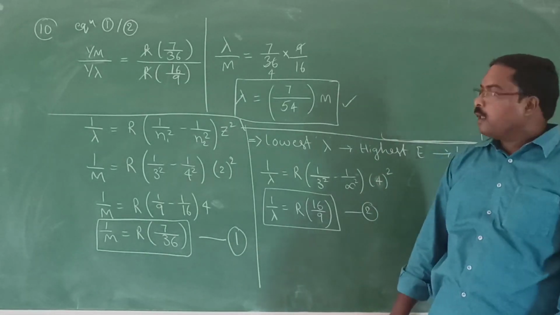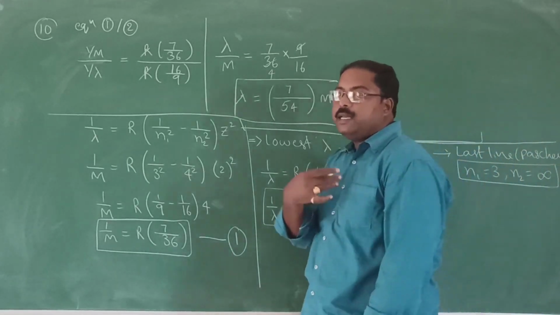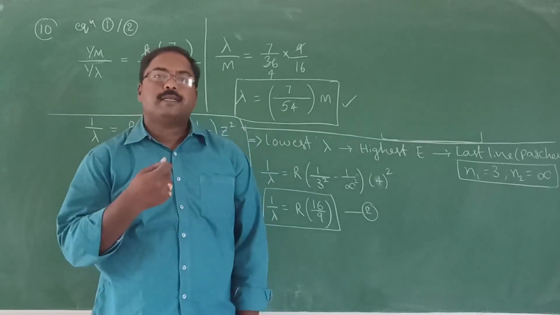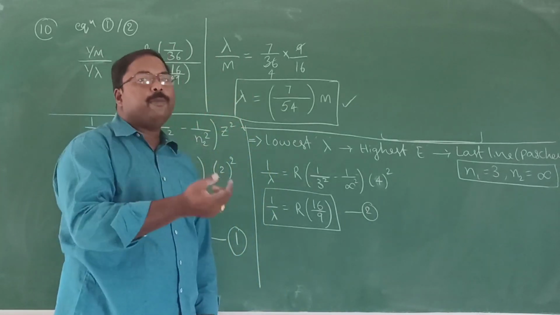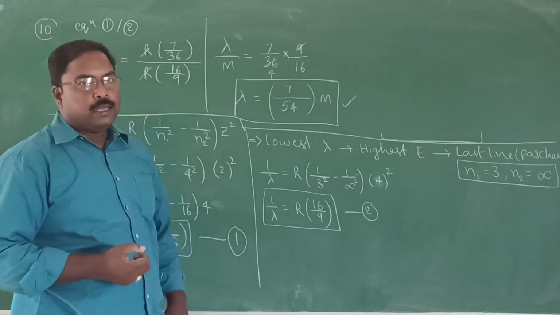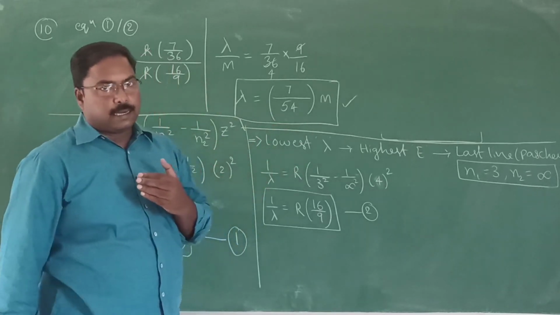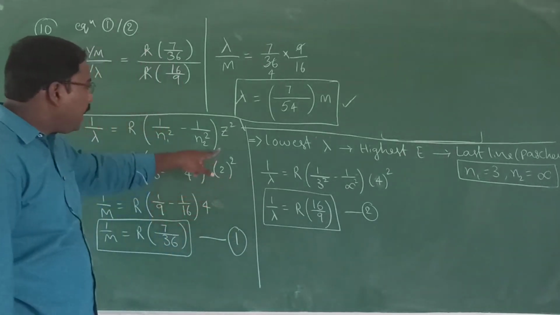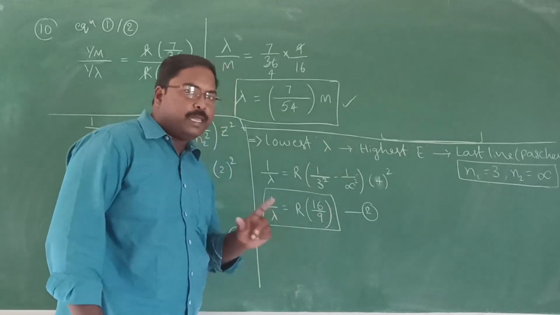Not a different model question, but in yesterday's class we discussed how to calculate wavelength or wave number directly by substituting N1 and N2 values. This time, they ask a comparison between two species. The first data is regarding helium and the next data regarding beryllium.